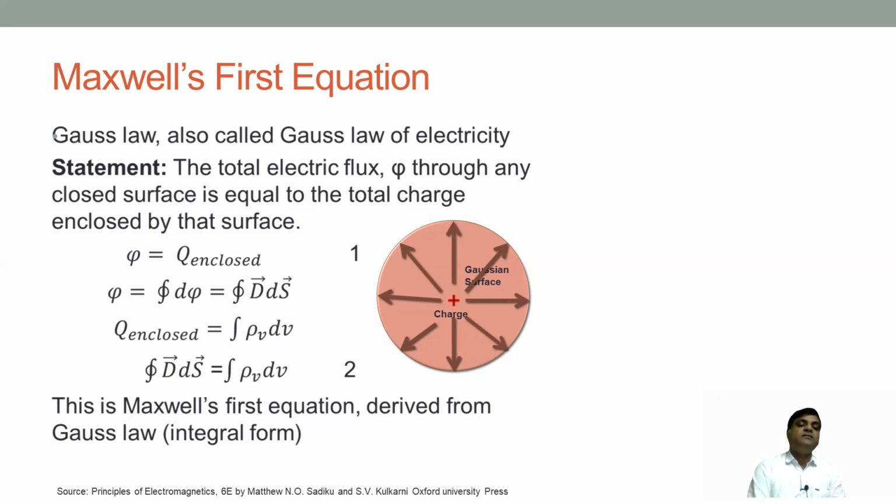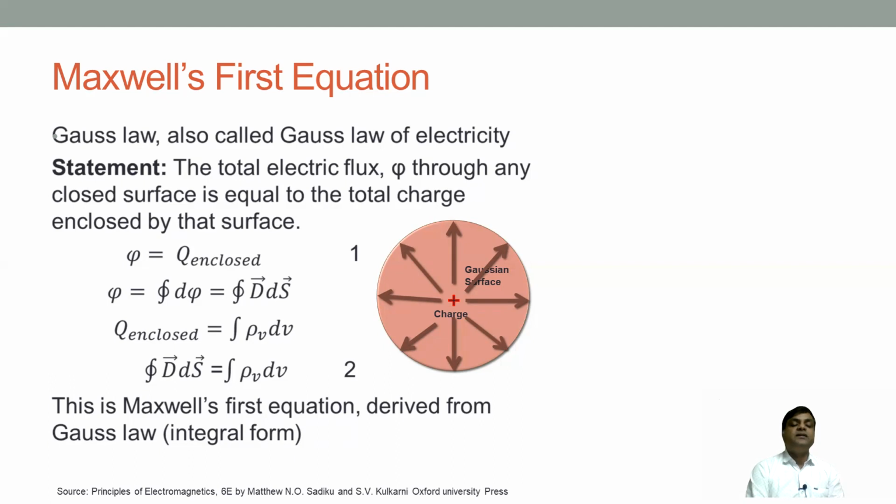Then phi is also represented as the integral of D dot dS, where D is the electric flux density. Similarly, the charge enclosed is represented as the volume charge density rho v multiplied by dv. So Q enclosed is the integral of rho v dv, and phi is the integral of D dot dS.